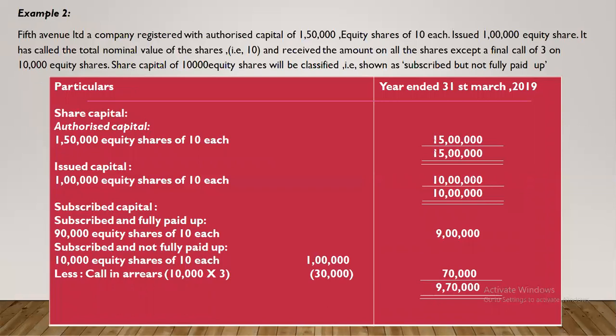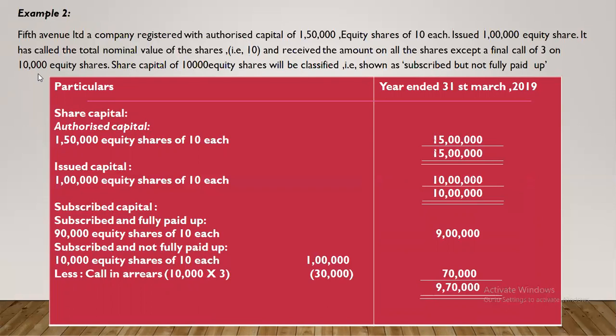So students, you see here, the company is having 1,50,000 shares. Out of that only 1 lakh shares are issued. All the rupees 10 is called up. All the money is received except on 10,000 shares.